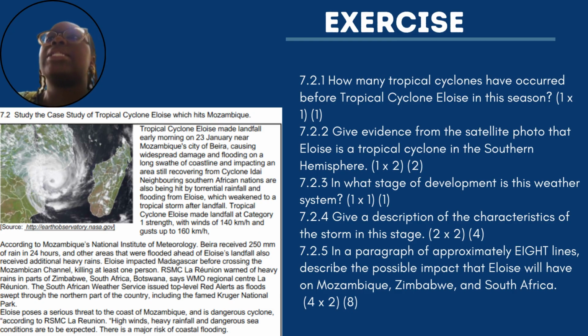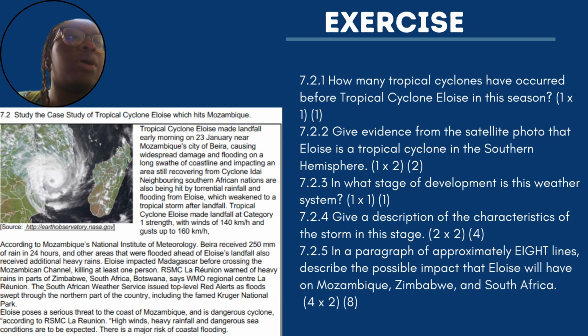Eloise impacted Madagascar before crossing the Mozambique Channel, killing at least one person. Reunion warned of heavy rains in parts of Zimbabwe, South Africa and Botswana. The South African Weather Service issued top-level red alerts as floods swept through the northern part of the country, including the Kruger National Park. So Eloise poses a major risk of coastal flooding to the coast of Mozambique.